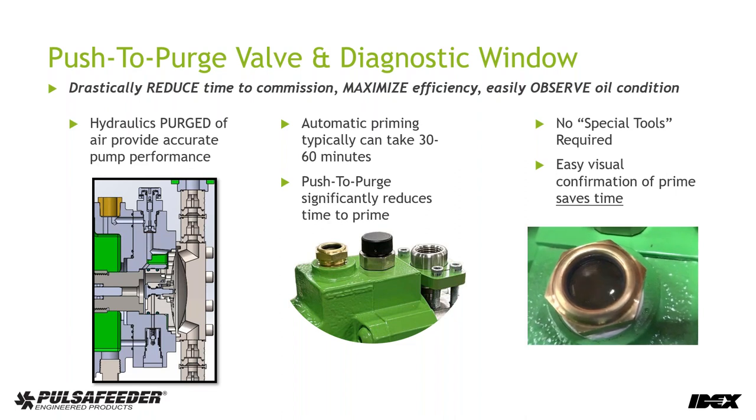The full video of this literally shows that it's an empty window there, and that means that the pump is still in the process of priming. Or if you see the oil with some bubbles in there, it's still in the process of priming. But if it's solid, that means the pump is effectively primed. And like I mentioned, with the push to purge, it greatly minimizes that priming cycle.